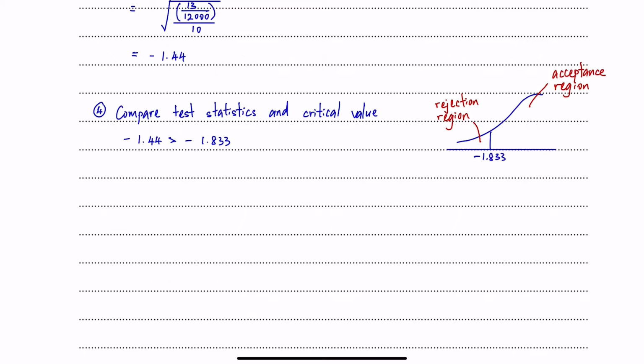So negative 1.44 falls right here, and we can clearly see that our test statistic falls in the acceptance region. So we have to accept our null hypothesis, H naught. Finally, we can make our conclusion.